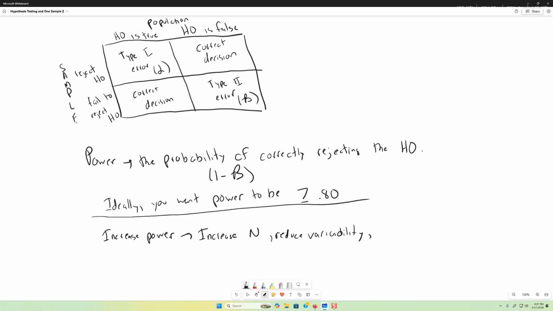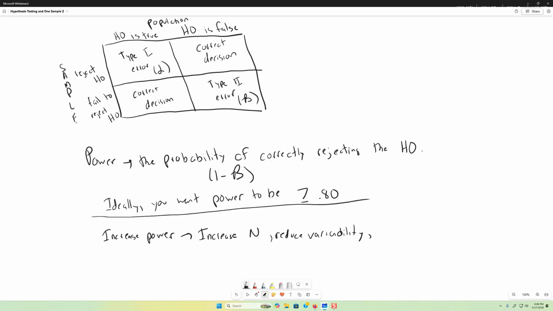There's no real physical measures in psychology per se other than reaction time. But there's lots of error in measurement in psychology. So to reduce the variability, you have to come up with better measures of whatever you're looking to study. And that's easier said than done. It's hard to do that.